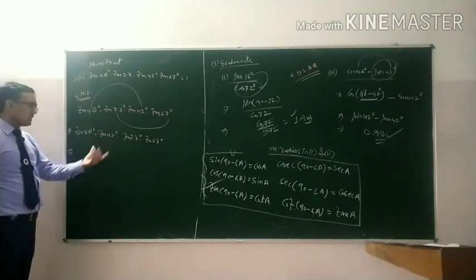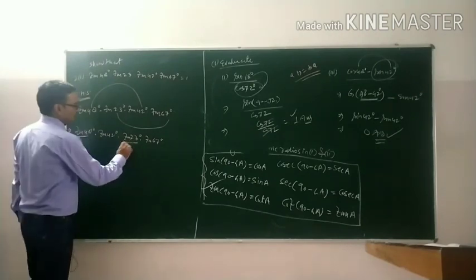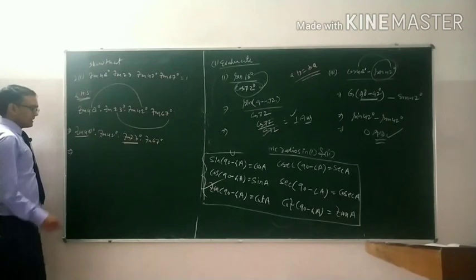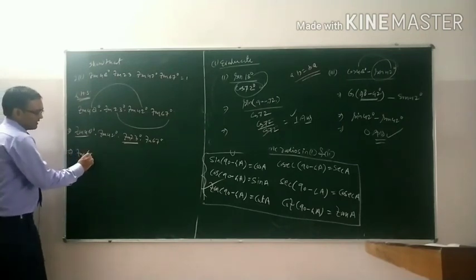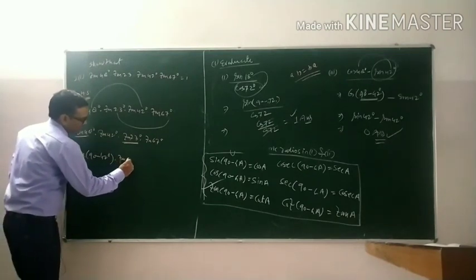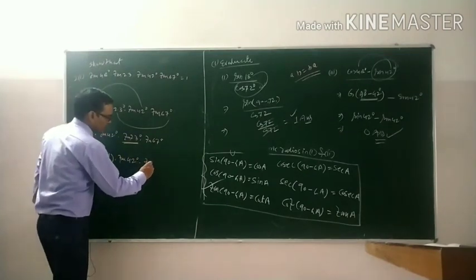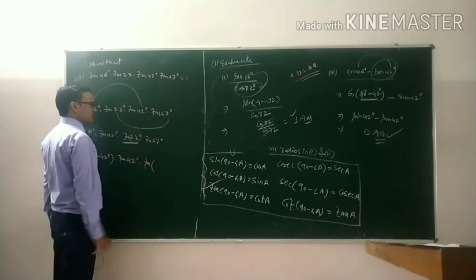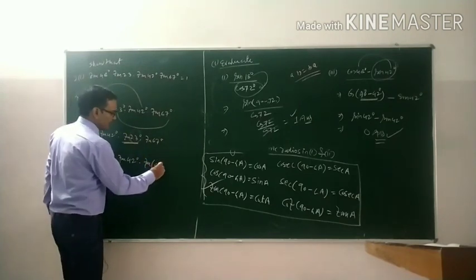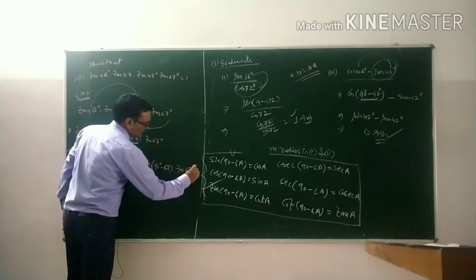Here we change only tan 48 and tan 23. Tan(90 minus 42) into tan 42 into tan 23, which is written as tan(90 minus 67) into tan 67.